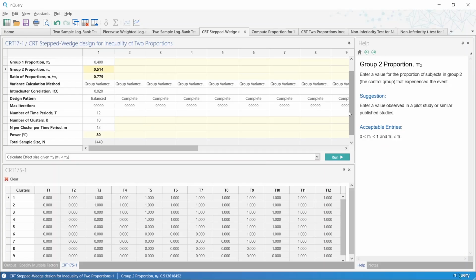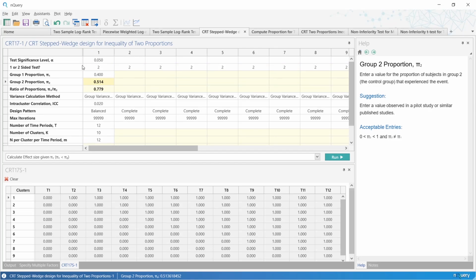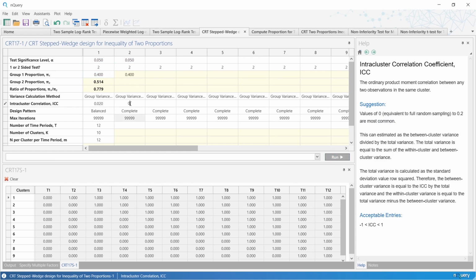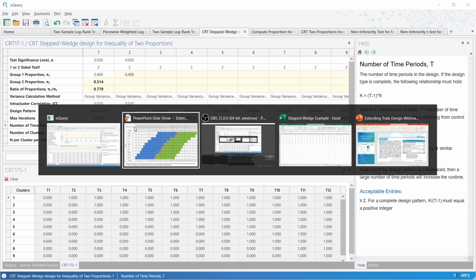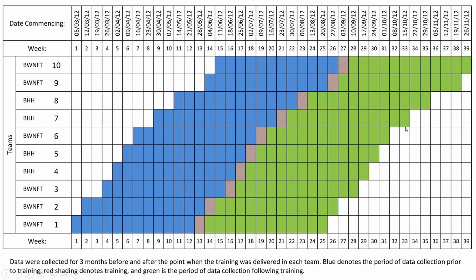To do that, all we need to do is to replicate what we put in previously, but instead of selecting a balanced design pattern, we need to enter a custom design pattern, which is the last option here in this drop down for design pattern. But to also account for the fact that there's going to be time periods where nothing was happening, because these white time periods are equivalent to missing data effectively, we're going to assume that the length of time was from week 13 to week 39.